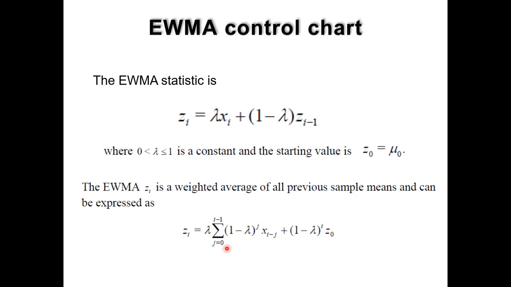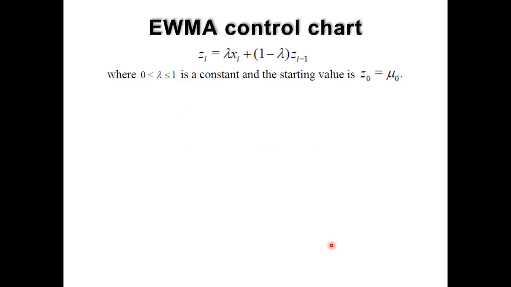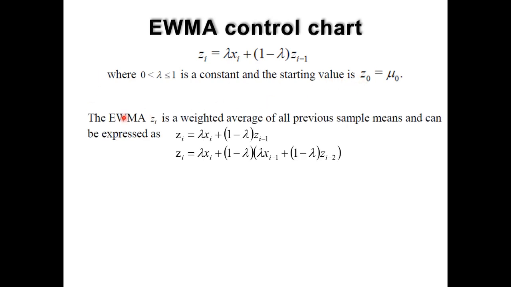So that is the general formula for the EWMA Z statistic, where the initial Z will equal mu naught.